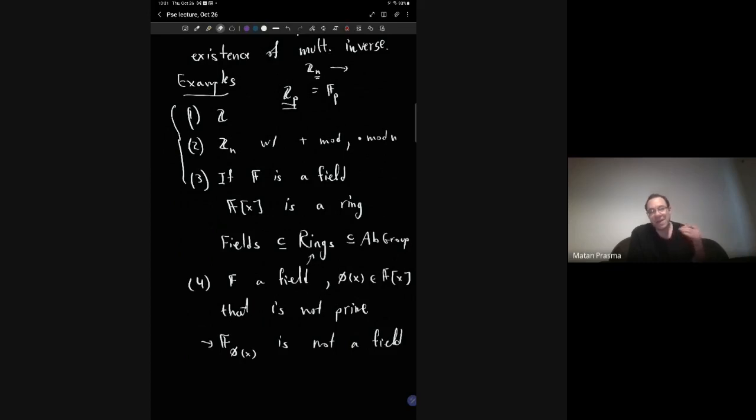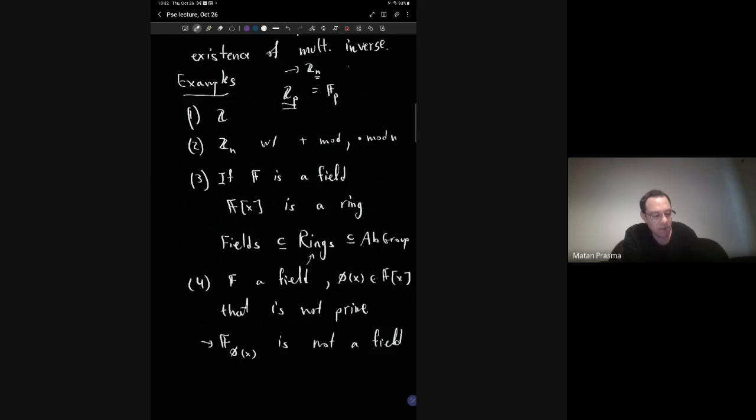There is a very simple argument that you should think of in analogy to the integers. How do we prove that integers modulo n is not a field? We know that in a field you cannot have zero divisors.